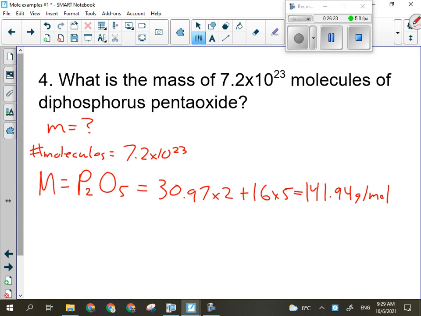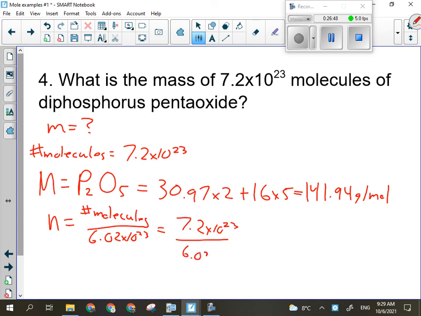And now we're looking for n, because n will help us to get the mass. So n is going to be the number of molecules divided by the number of molecules in 1 mole. So we've got our 7.2 times 10 to the 23 divided by 6.02 times 10 to the 23.